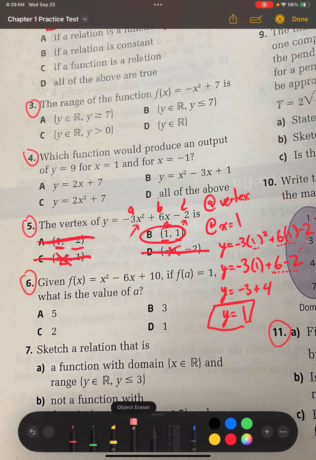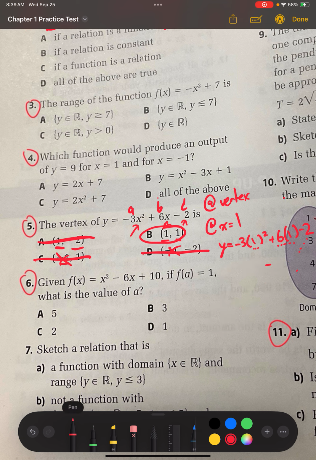Okay, let's do question 6. Question 6 works in the following way. It says given f at x equals some quadratic in standard form, if f at a equals 1, what is the value of a? Okay, so what's that saying?